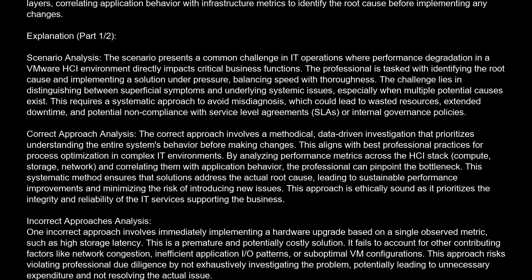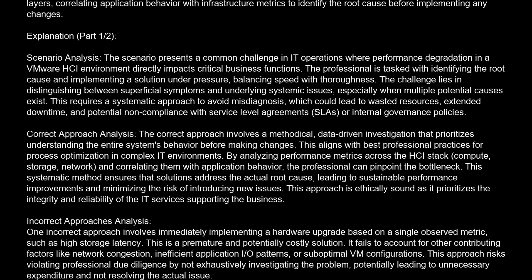Incorrect approaches analysis. One incorrect approach involves immediately implementing a hardware upgrade based on a single observed metric, such as high storage latency. This is a premature and potentially costly solution. It fails to account for other contributing factors like network congestion, inefficient application I/O patterns, or suboptimal VM configurations. This approach risks violating professional due diligence by not exhaustively investigating the problem, potentially leading to unnecessary expenditure and not resolving the actual issue.